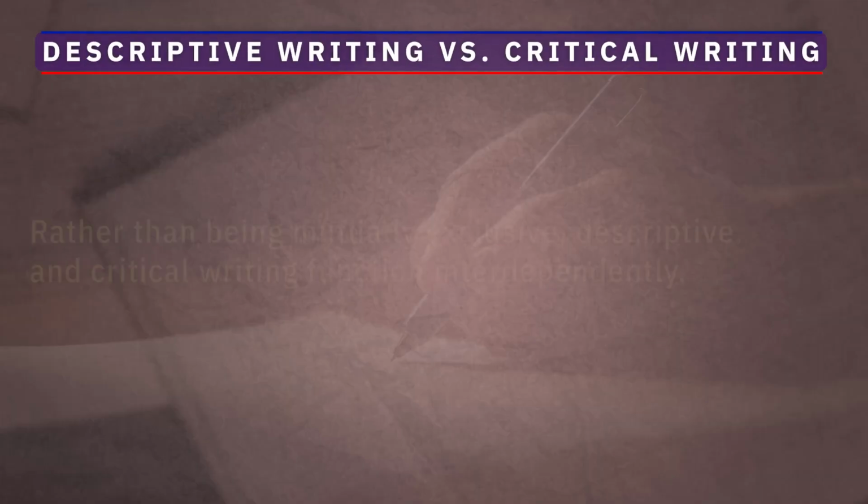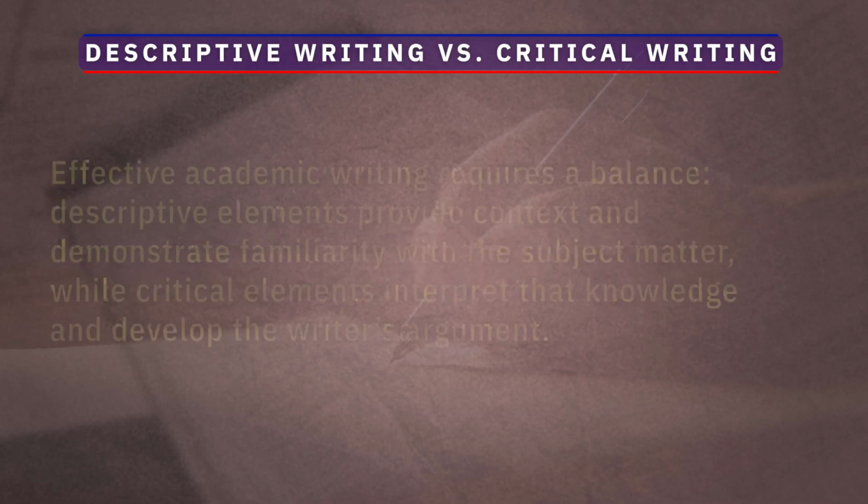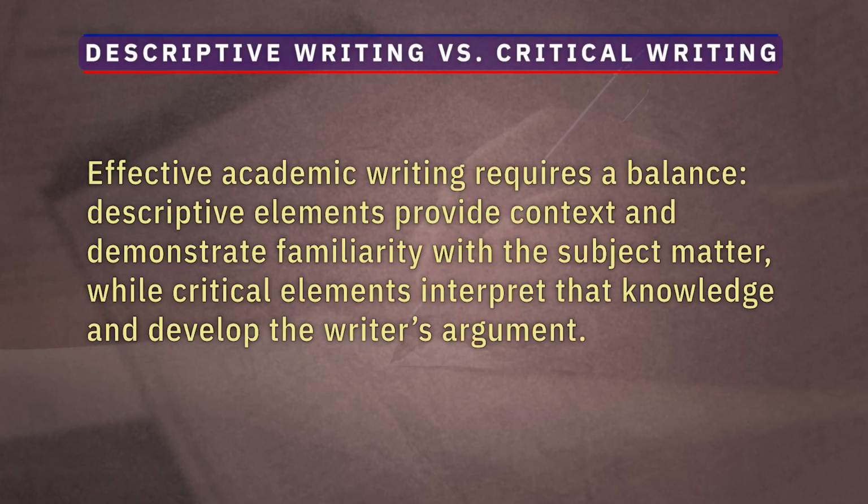Now, to bring descriptive writing and critical writing into focus, we must establish that descriptive writing and critical writing are not mutually exclusive. Descriptive and critical writing function interdependently. There is descriptive writing and critical writing, both of which together can help us with effective academic writing.